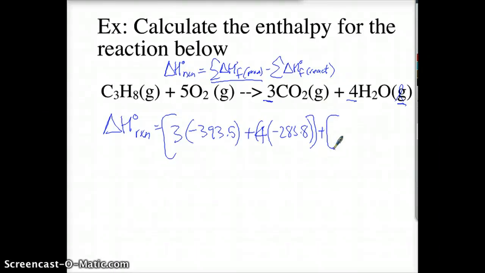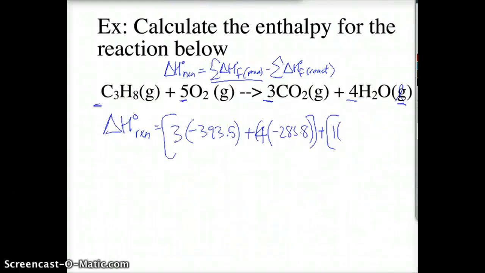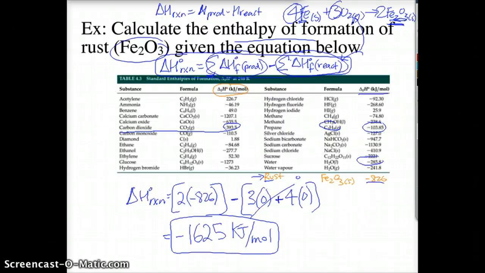Well, let's think about my reactants. What do I have? I have 1 mole of C3H8. So 1 times C3H8 here, negative 103.85, plus 5 moles of O2 times the enthalpy of formation of O2. Ooh, I don't see oxygen in the table.